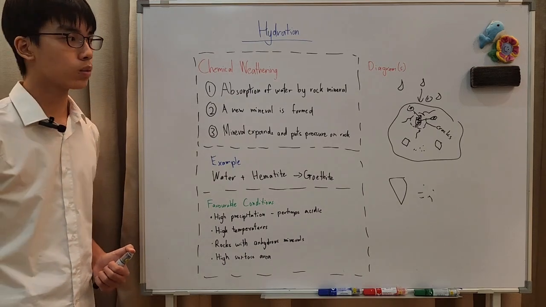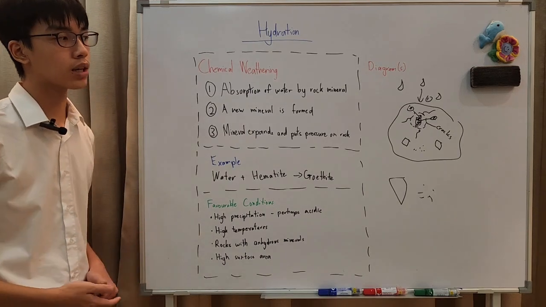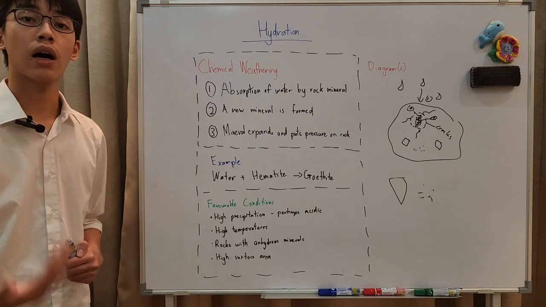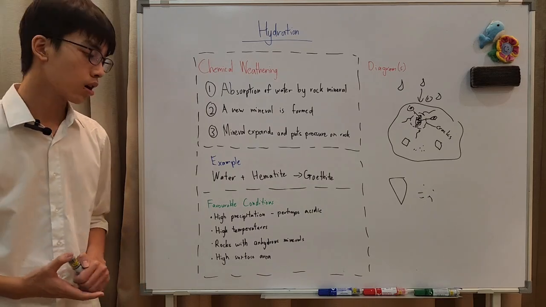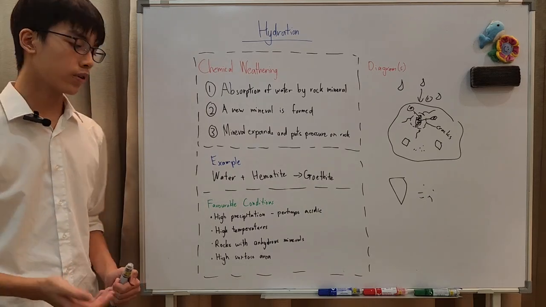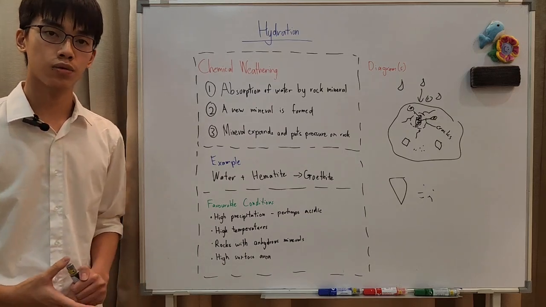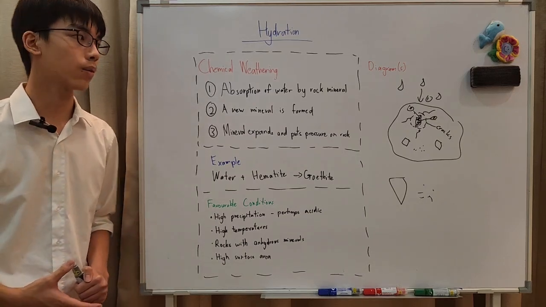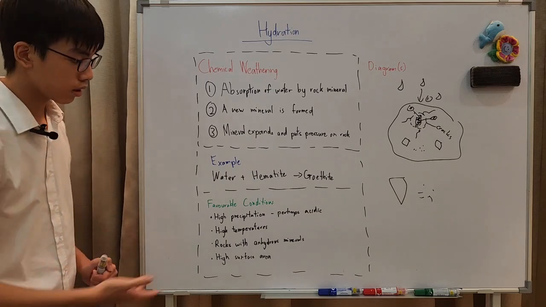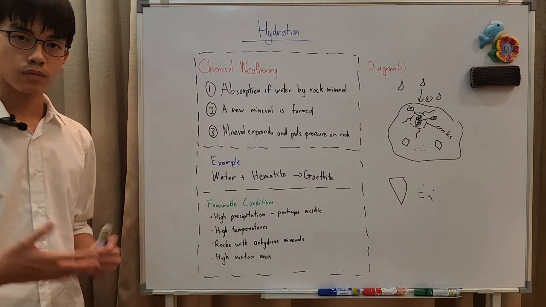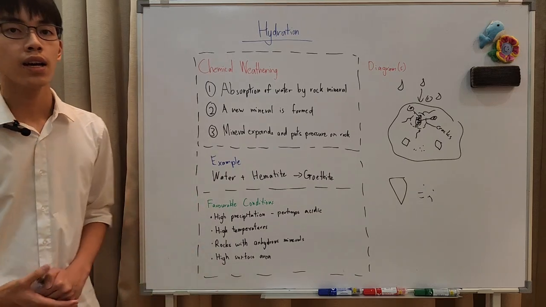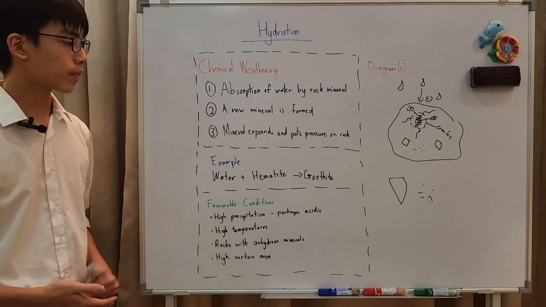Also, it comes in with pores, how many pores are in the rock, or what's the permeability of the rock. We'll go through that in our video about the factors that affect the rates of chemical reactions and chemical weathering. But this just sums up the hydration quite nicely with a diagram, and that's about it.